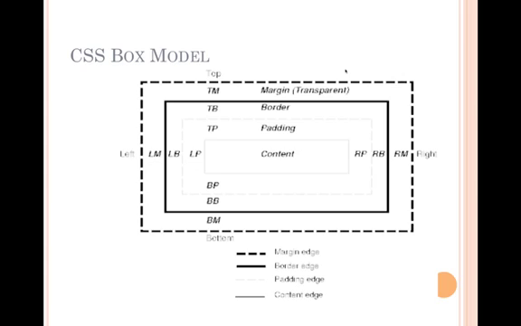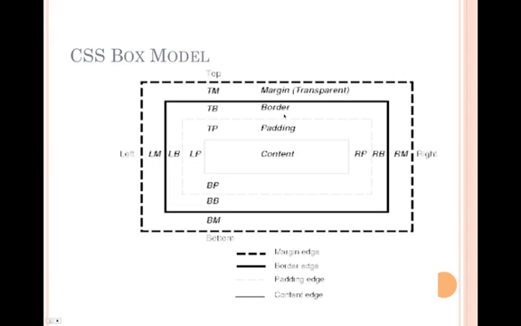The first part is pretty simple. This black line here represents what's called the border property. And then everything outside the border, around in this area, is the margin.